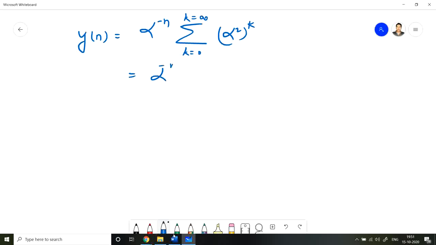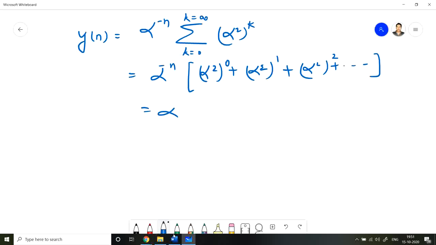Then, because it is a GP series, it is alpha square raised to the power 0, plus alpha square raised to the power 1, plus alpha square raised to the power 2, plus dot dot dot up to infinity. So it can be written as 1 divided by 1 minus alpha square. Please check, it is an infinite GP series. So the first term is 1 and the common ratio is alpha square. So this is our answer.